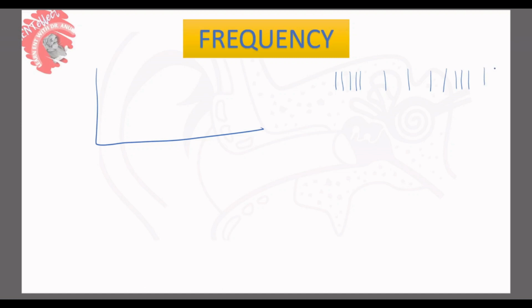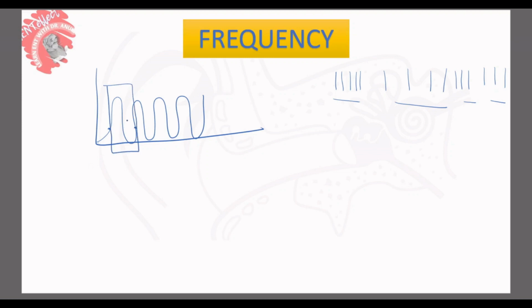So how is it expressed on a graph? Like this. One complete wave starts from here and it ends here. See, this is one complete wave.